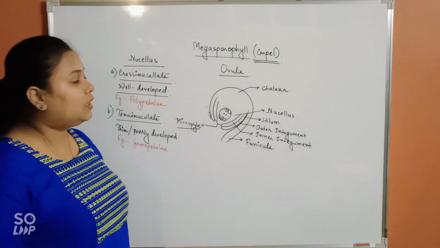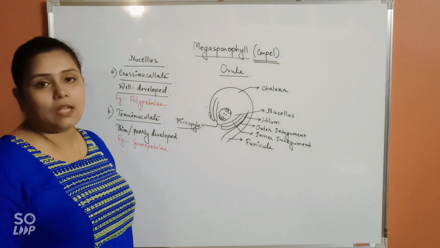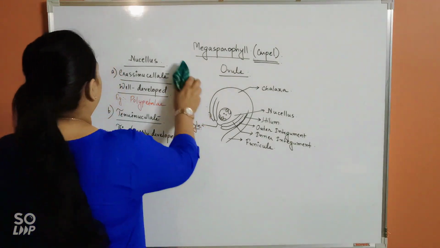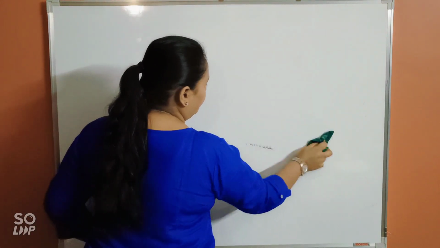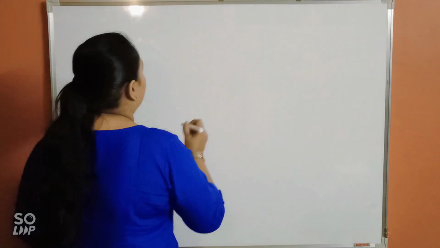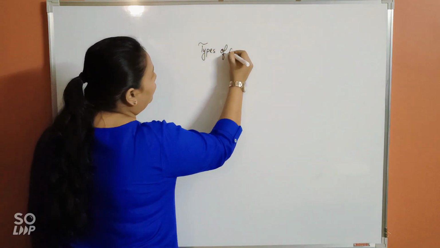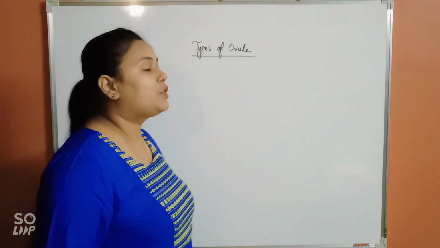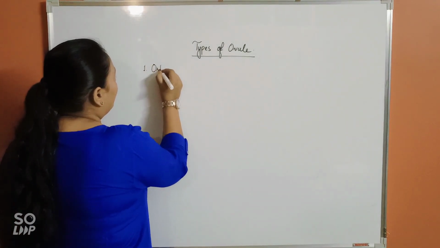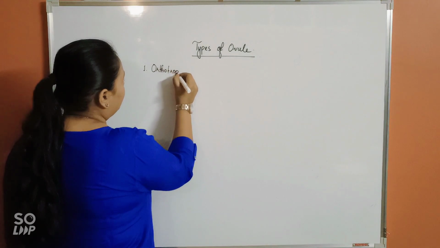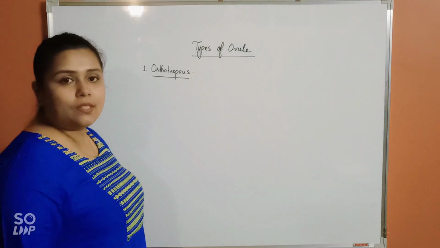Now, according to the orientation of the funicle or the body, ovules can be of 6 types. Let us discuss them. Types of ovule. So there are 6 types of ovule. First, orthotropous. Orthotropous means erect ovule.